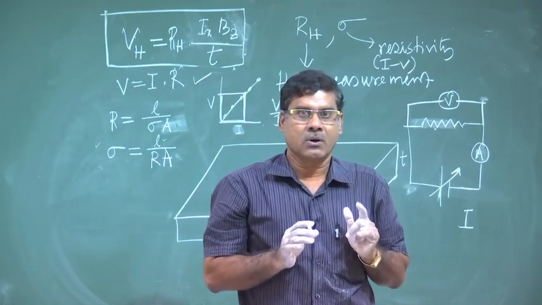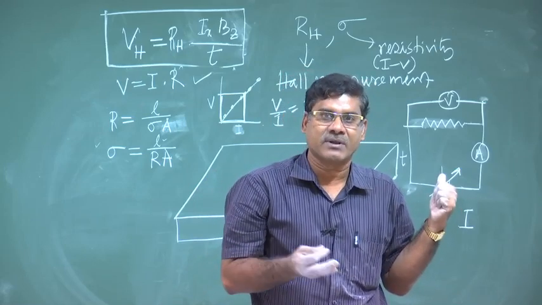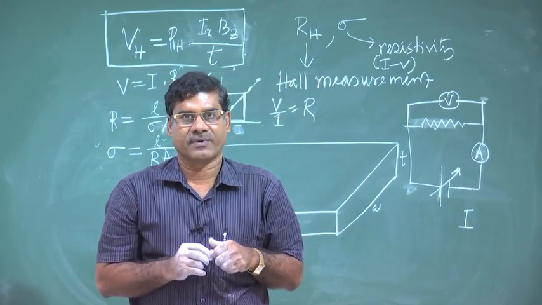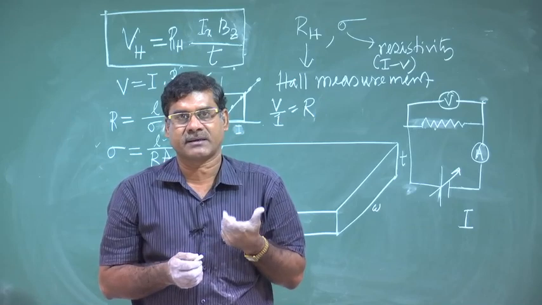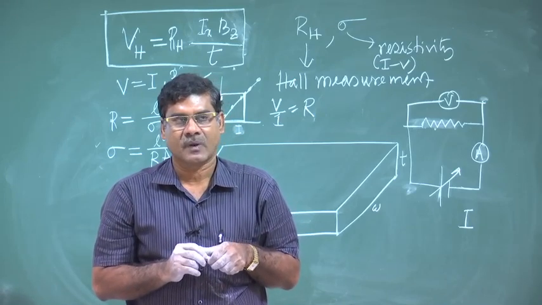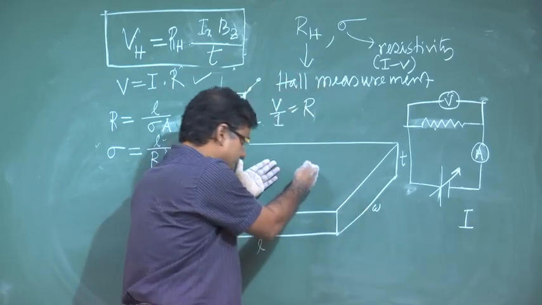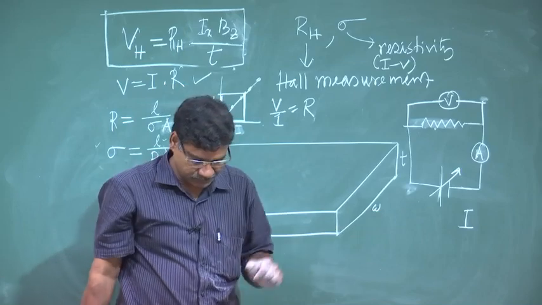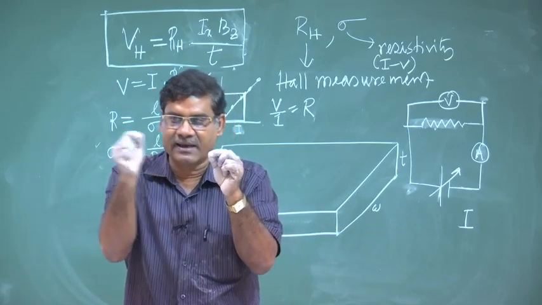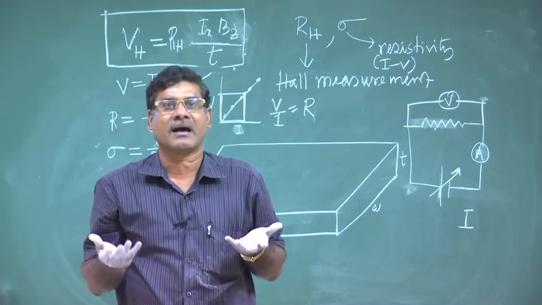This method that I told you, which you are familiar with, is not very sensitive. If I want to measure the resistance of this sample, if it is not a very thin wire, the resistance is very high.